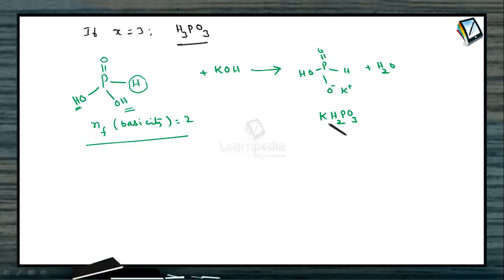But this has still one more hydrogen to be replaced, therefore it is called acidic salt. In other words, when we use 0.01 moles of this, 0.01 moles of this will be neutralized to give acidic salt. So if X is equal to 3, it gives acidic salt.